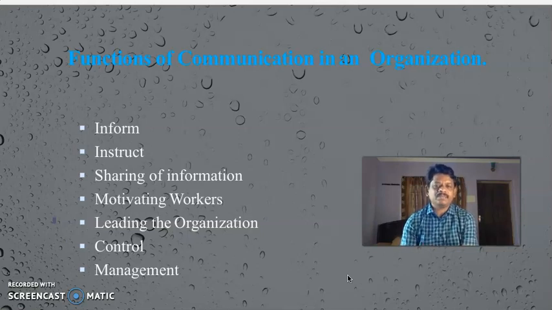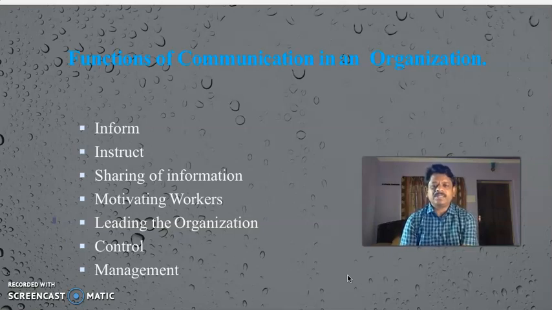So there is an involvement of the motivation element. It is information to motivate the workers. For example, if you inform them that they will have a special bonus on performance enhancement, that automatically motivates the workers at the shop floor level.